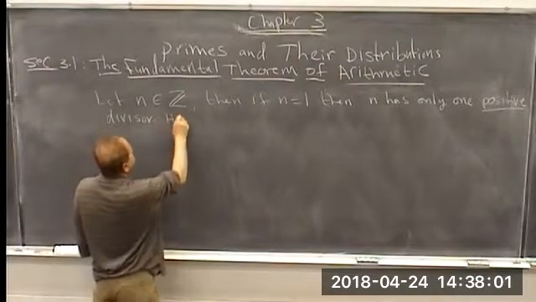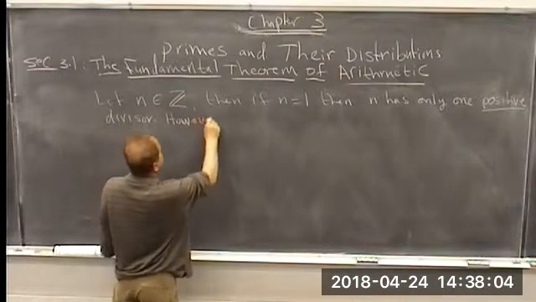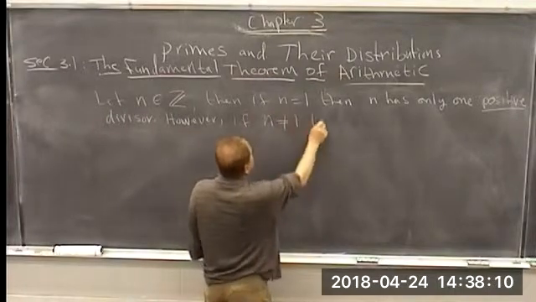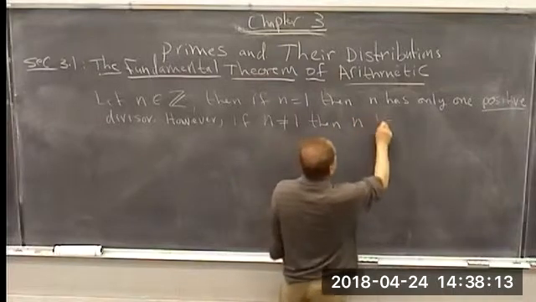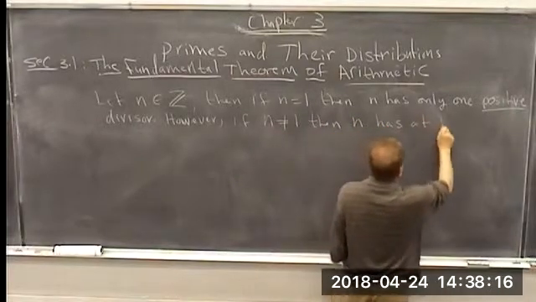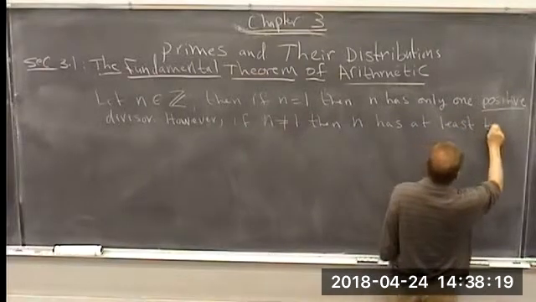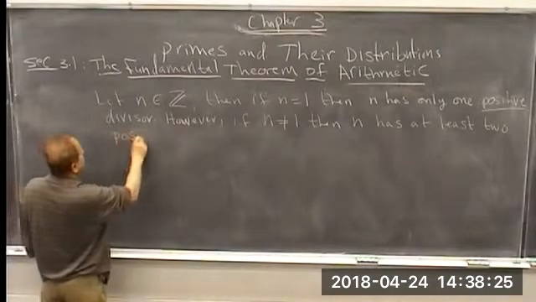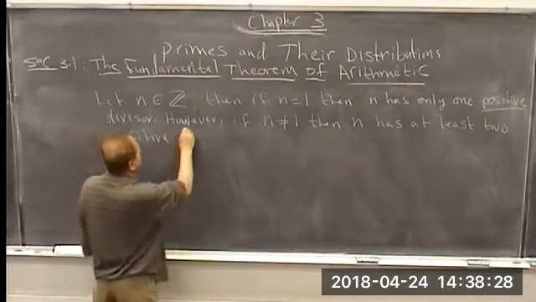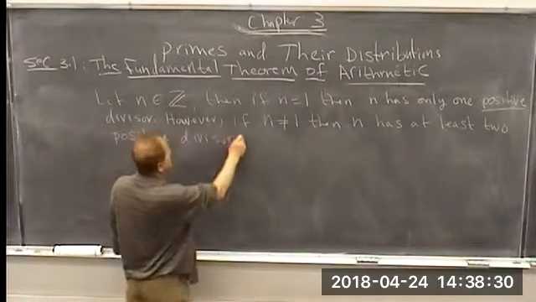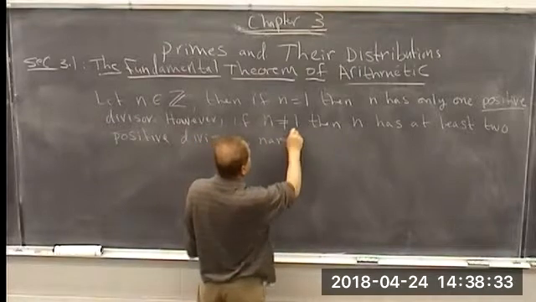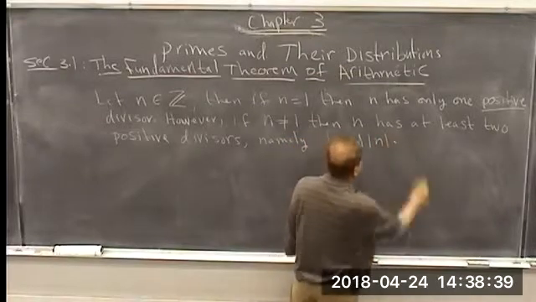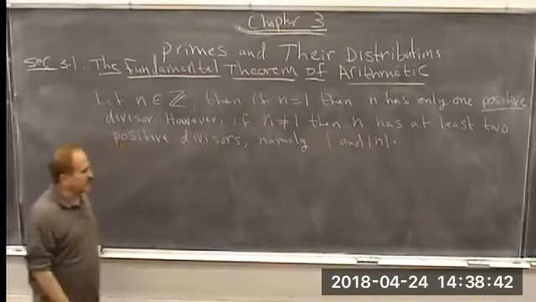However, if n does not equal 1, then n has at least 2 positive divisors, namely 1 and the absolute value of n, in case n is a negative number.